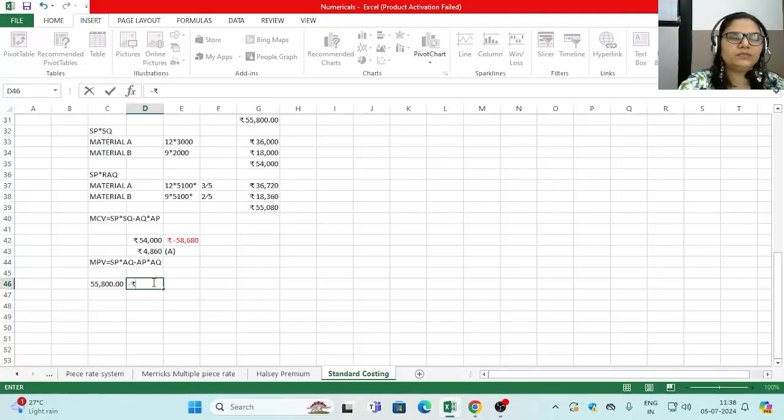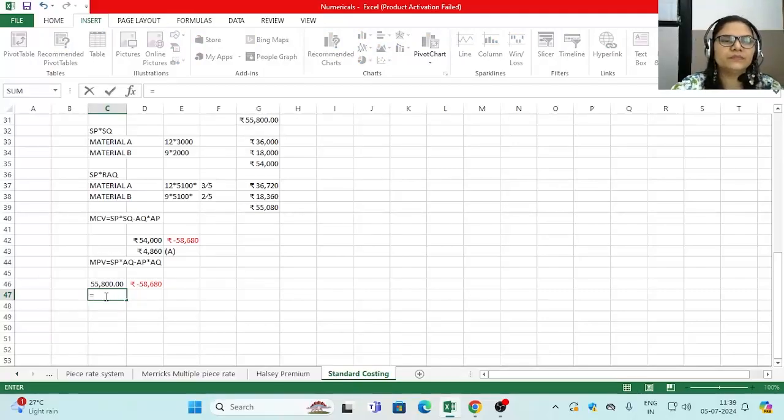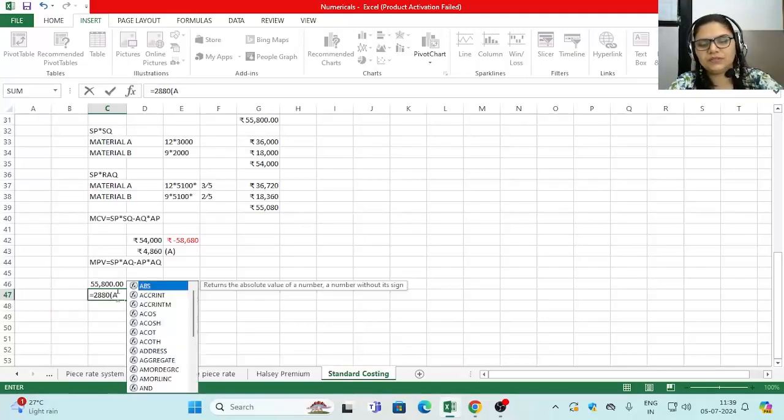So it will be, no problem. We will write it by using keyboard so that there is no confusion, because when we are inputting any symbol, Excel takes that thing into formula, which is already there in your Excel database. So it will be 2880. It will be adverse.